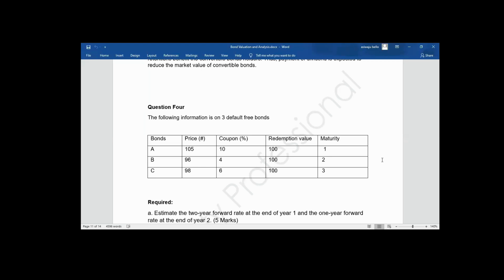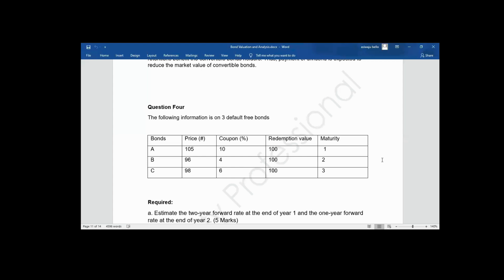It is the interest rate agreed today for a loan you are going to take, or a deposit you are going to make, at a future date. That is the forward rate.